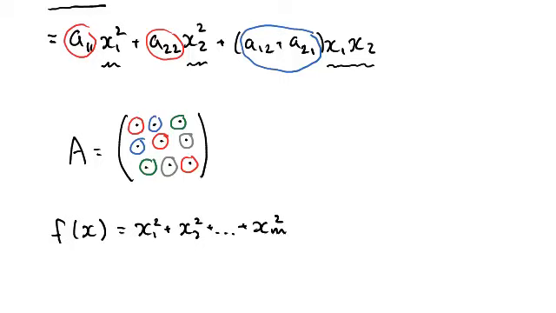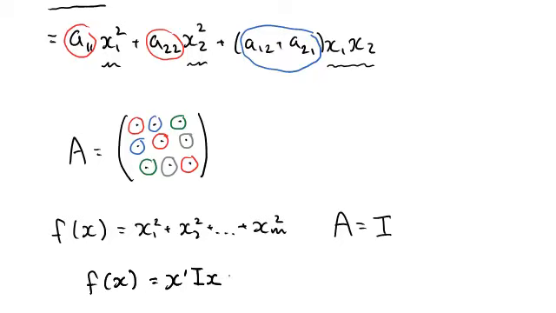You also see that the coefficient in front of every xi square term is 1. And that means that every diagonal element of A must be 1. So to conclude, A must be the identity matrix. And we can write f of x as x transpose times I times x.